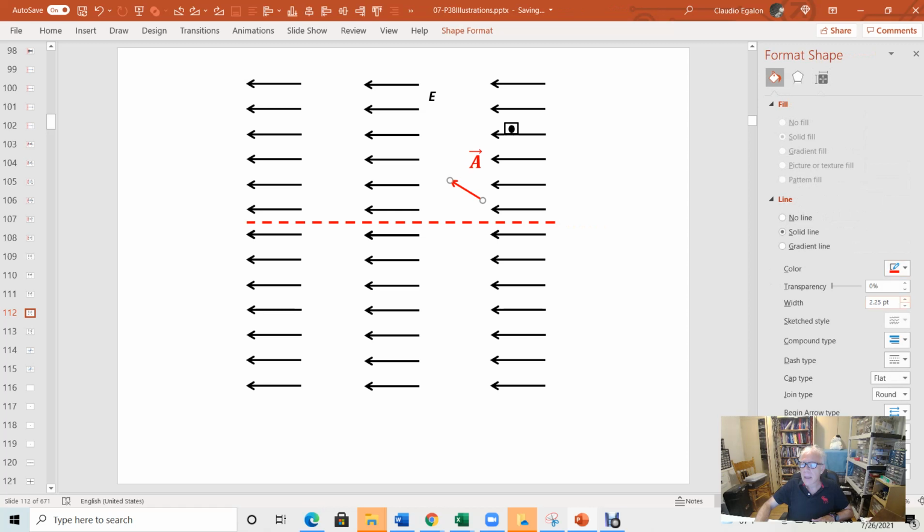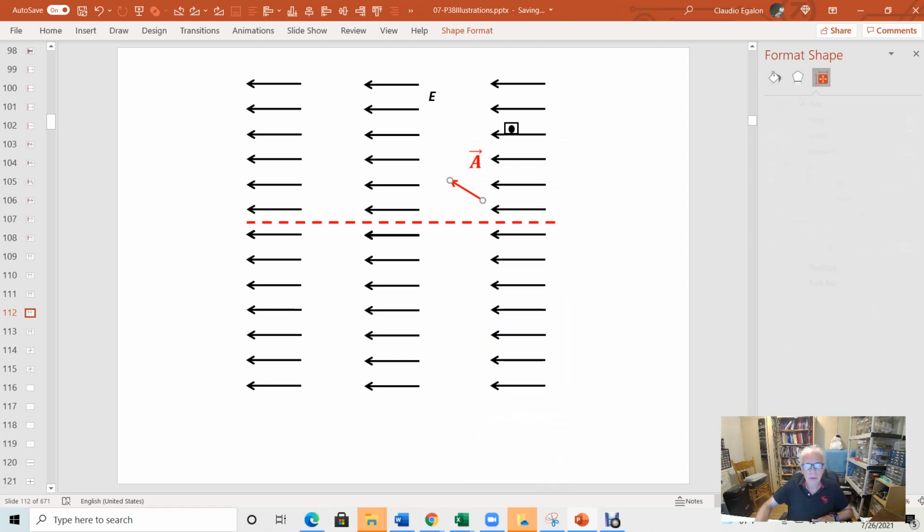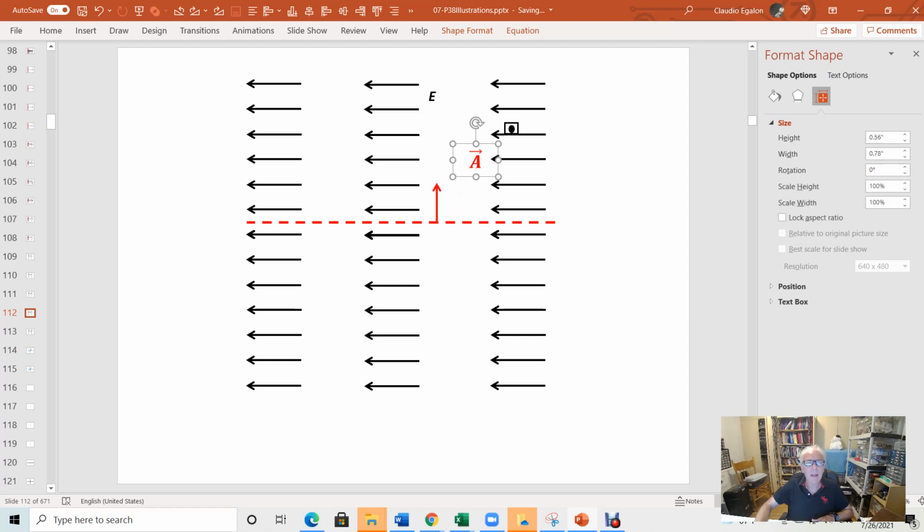And I also have to reorient my area vector. Let's go to 90 degrees. Here you go, the area vector.